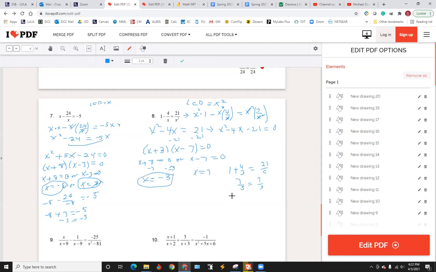Okay, 1 minus 4/7. That one stays negative because the 7's positive. And then this is 21 over 49. All right. Okay, that's probably right.